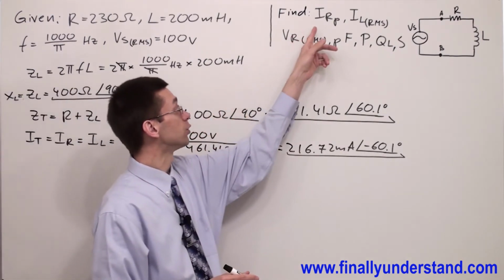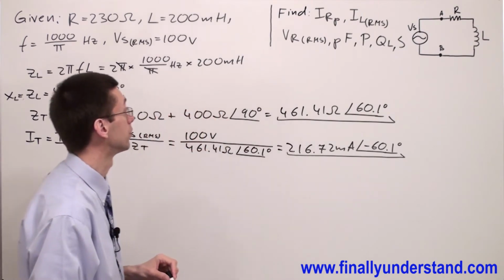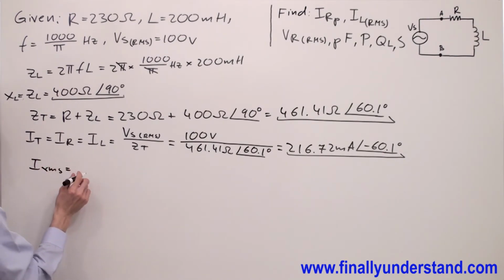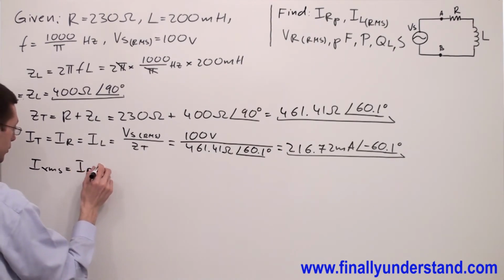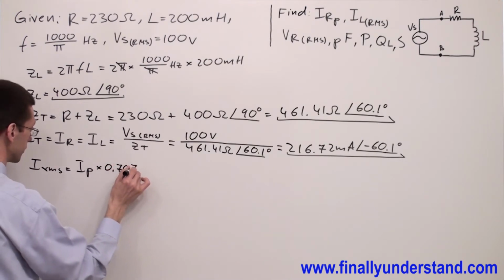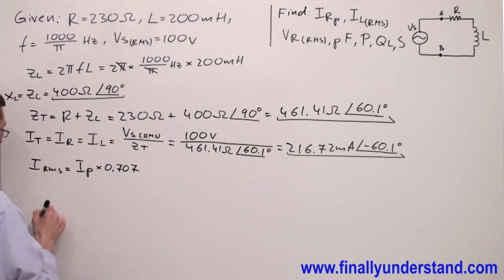The problem is asking me to find the current peak which goes through the resistor, okay? So you have to remember the formula which says that I RMS is equal I peak times 0.707, okay? Just change this to the capital R, in order to avoid the confusion.